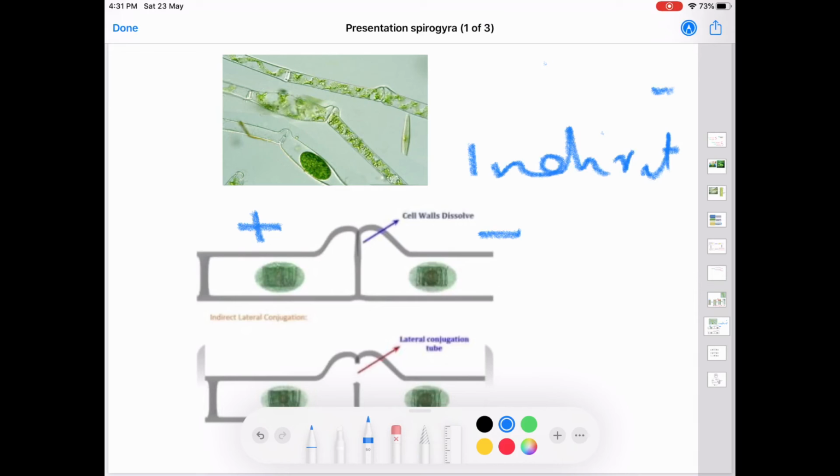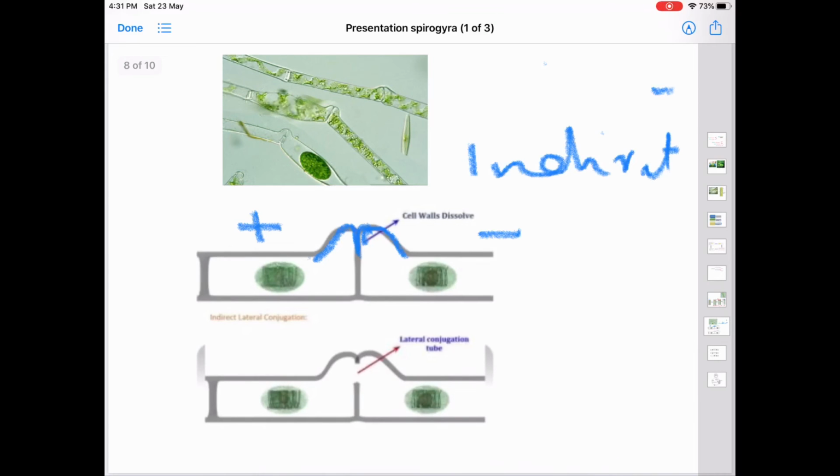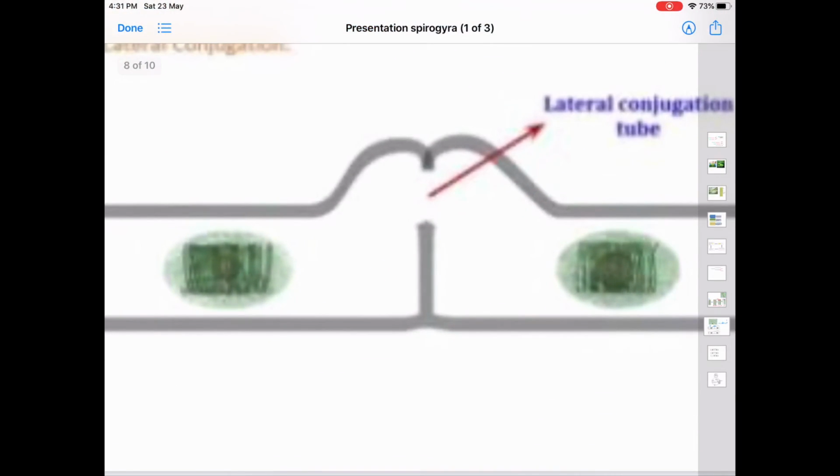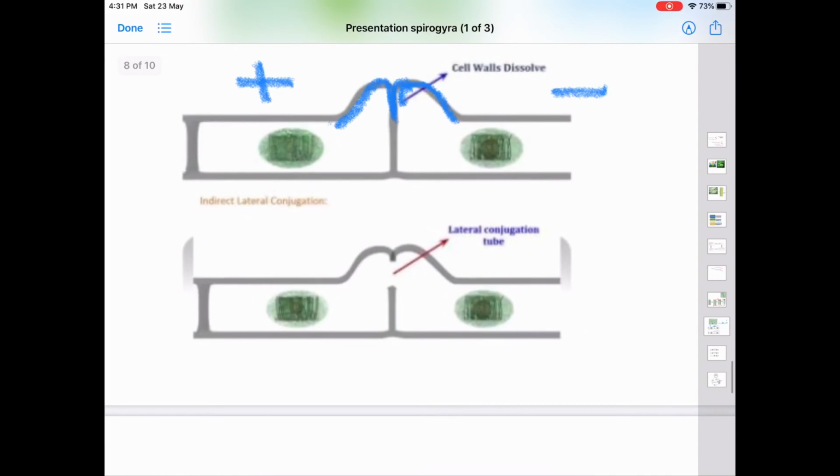During the indirect type of lateral conjugation, a papilla is produced in the cells side by side. The papilla will be produced side by side. The wall, the septum, will dissolve and form a conjugation tube.